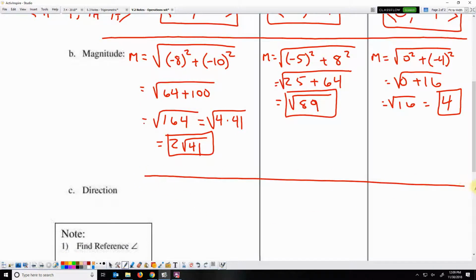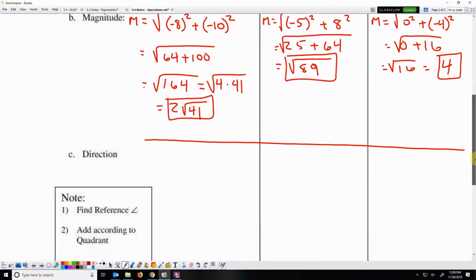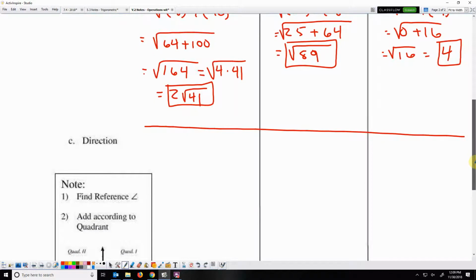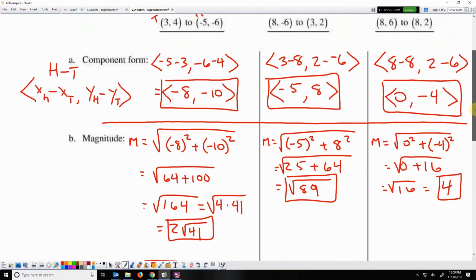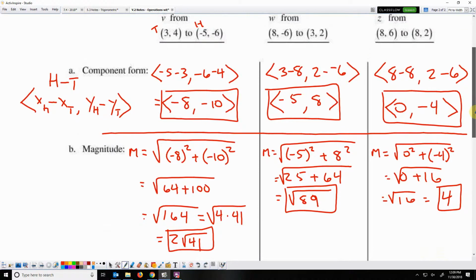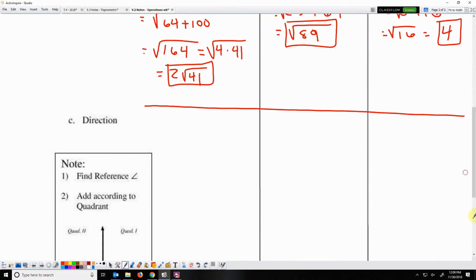And last, we're going to find direction for each vector. Okay, so we're going to use that component form. For the first vector, we got a component form of -8, -10. So we're going to put that onto a coordinate plane. -8, -10 would give me a coordinate right about there.